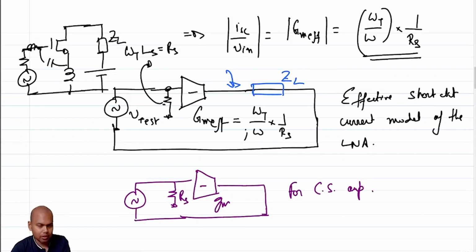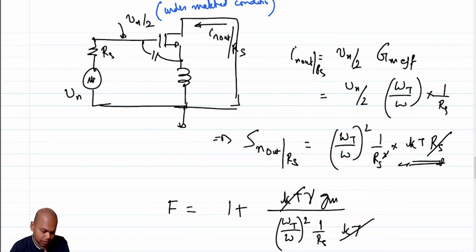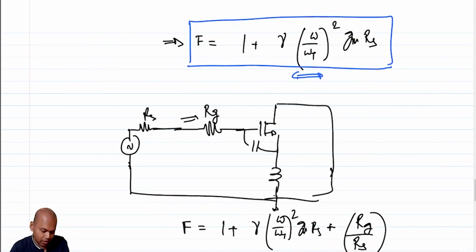So again, surprise, surprise, we would like to increase omega T over omega, which means bias your transistor for maximum omega T. Then we went ahead and did a brute force analysis of the noise figure, and as it turns out, after you do all the math, your noise figure is basically not 2 plus something, it's 1 plus something, and whatever the something is can be minimized.